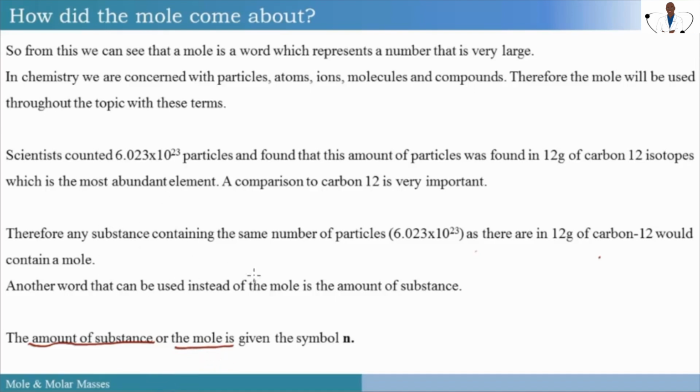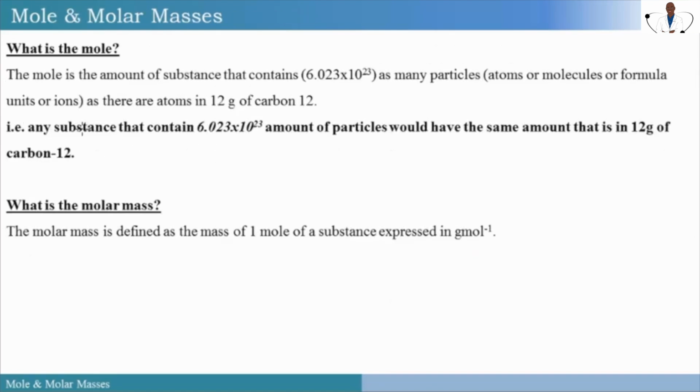So from this, we will derive a definition. So what is the mole? Well, the mole is the amount of substance that contains as many particles as there are in 12 grams of carbon-12.